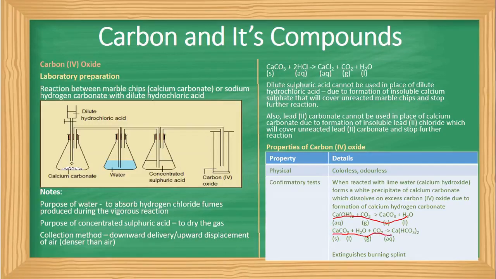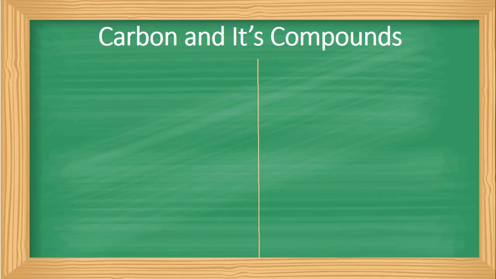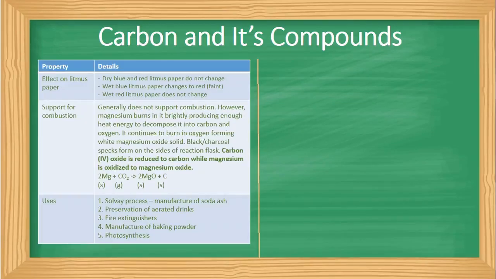Now, in terms of another test, it extinguishes a burning splint. So those are the two confirmatory tests. Now we look at the other properties of carbon 4 oxide, and another one is the effect on litmus paper. When you put dry blue and red litmus paper on a gas jar filled with carbon 4 oxide, there is no change.